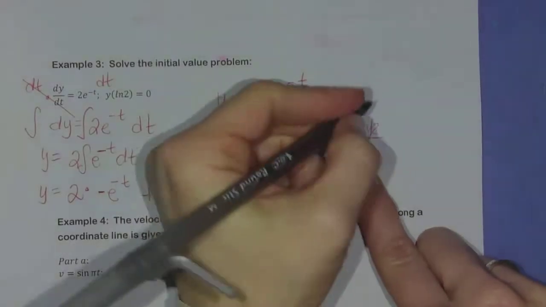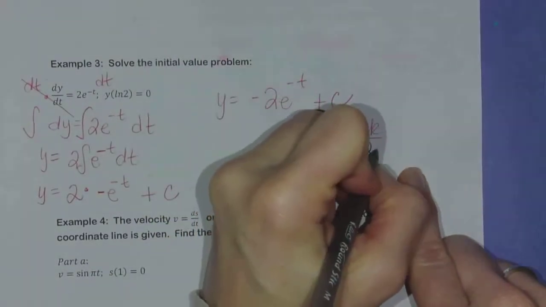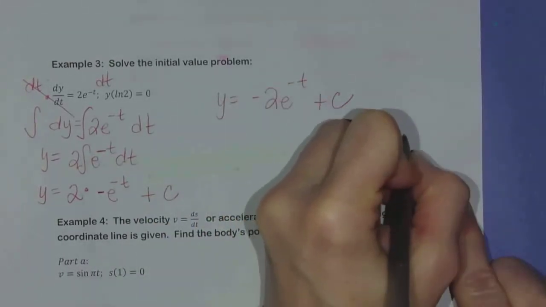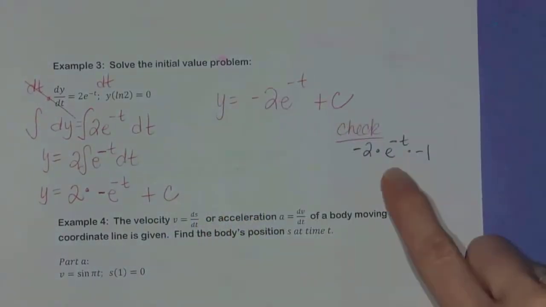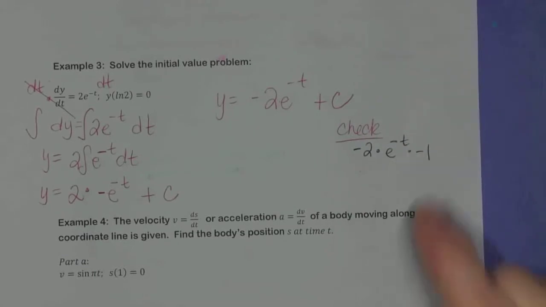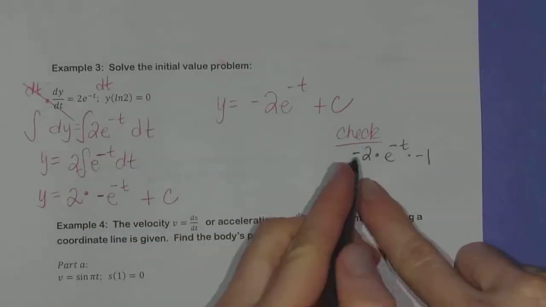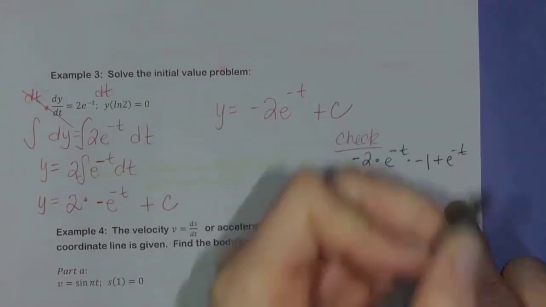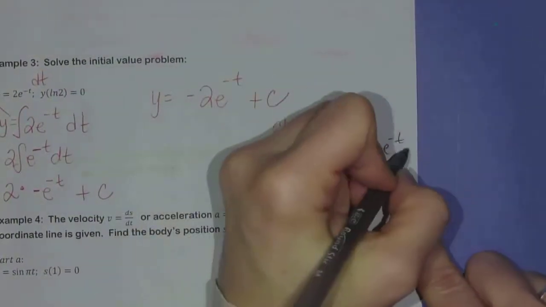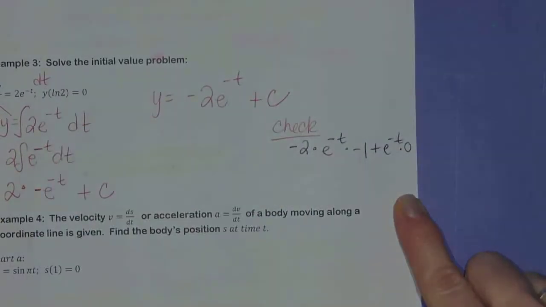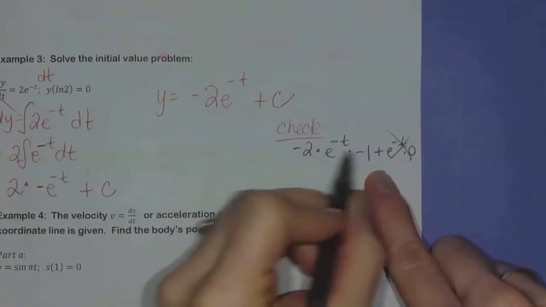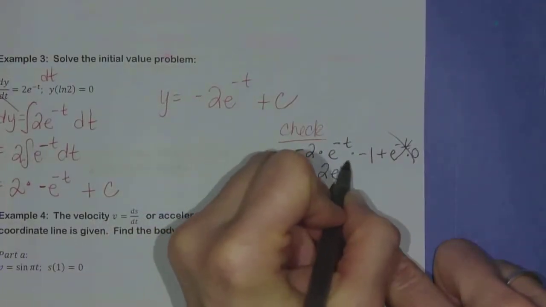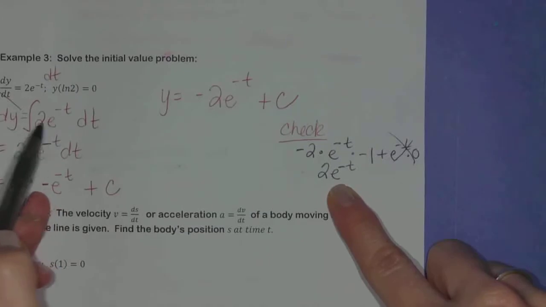I would take the first, which is negative 2, times the derivative of the second, which would be e to the negative t times negative 1. That's first times derivative of second, plus second times 0, which is the derivative of negative 2. So this part goes away, and you can see right here, the negative 2 times the negative 1 makes positive 2 e to the negative t, which is what we started with.